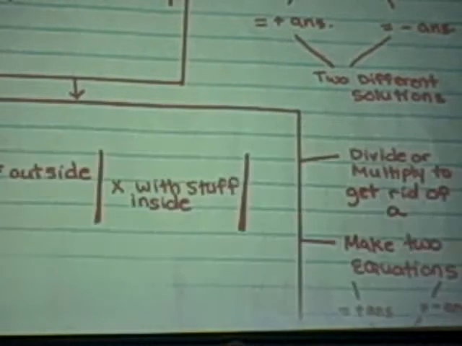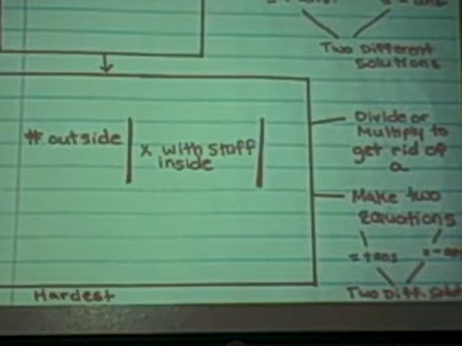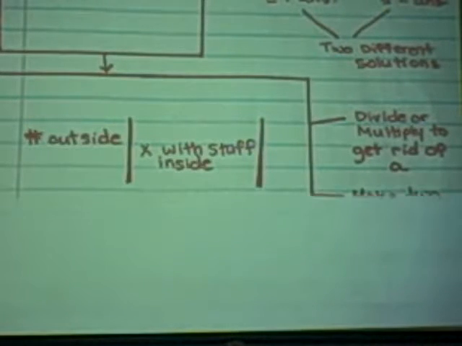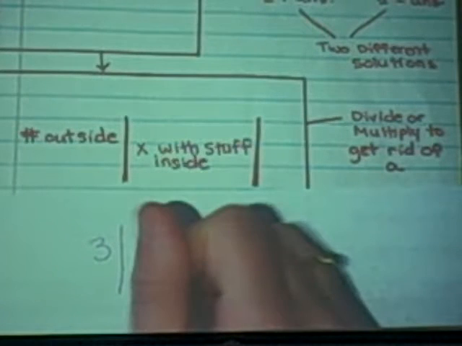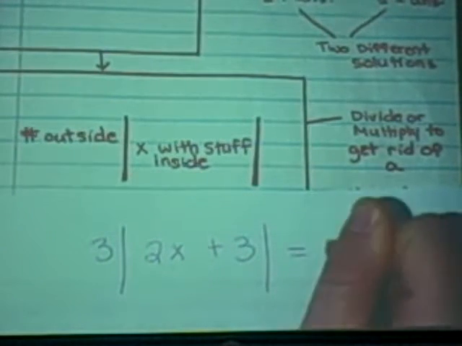And last but not least is the biggest box. And what did I just tell you about it being the biggest box? It is because it has the most complicated or most steps involved. And what this is saying is we have a number outside the absolute value mark, and we have all the rest inside. So, for example, if I had 3 times the absolute value of 2x plus 3 equals 12.